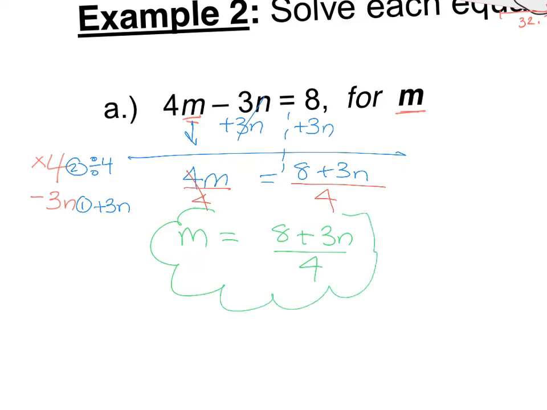Remember, you're not getting an actual solution. You're not getting x equals 5 because you have so many variables involved. You have m and n, and you cannot solve for a variable when there's 2 of them. So you're just going to transform it, and you're going to get another equation.